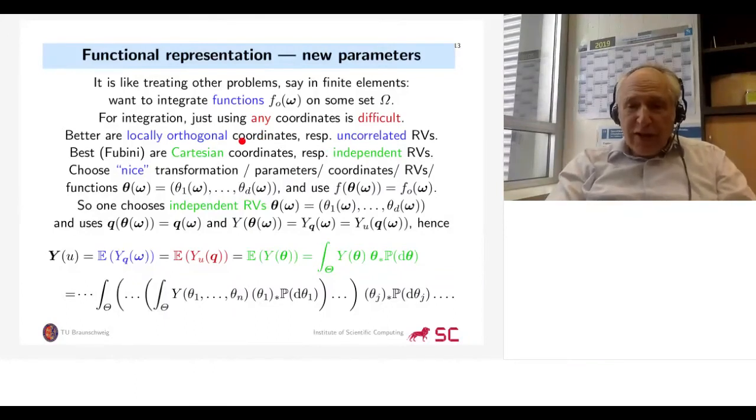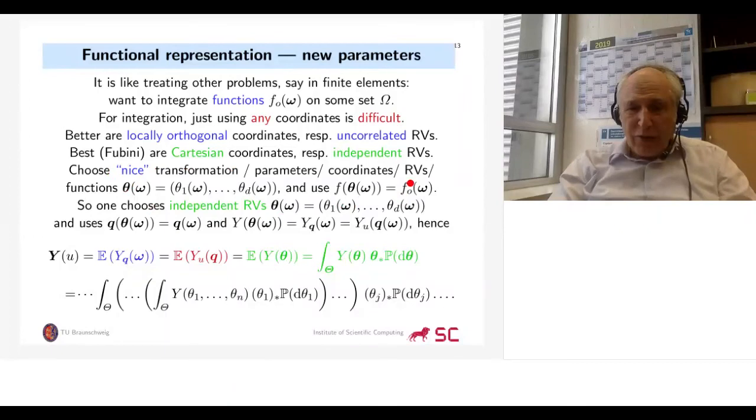This corresponds to uncorrelated random variables, which are locally orthogonal. But that's not really good enough. We want independent random variables, and that means it's like the coordinates are Cartesian, and we all know that's much easier. That's the easiest to do integrals in, because then you can use Fubini's theorem. So we want a nice transformation into independent random variables.